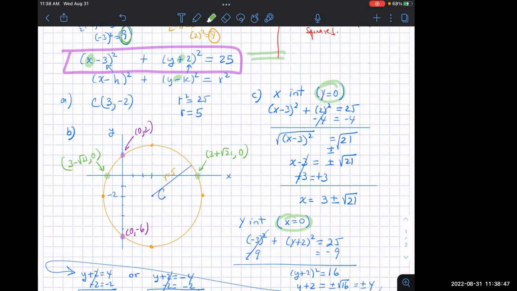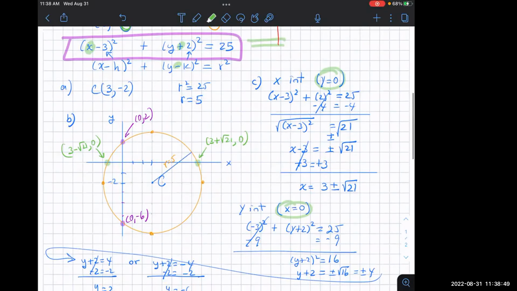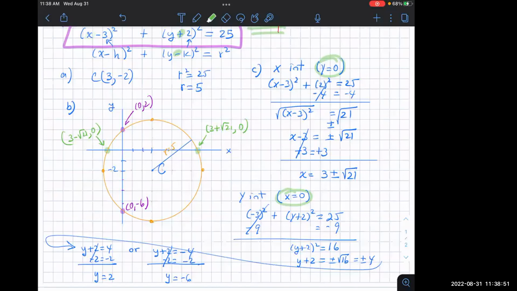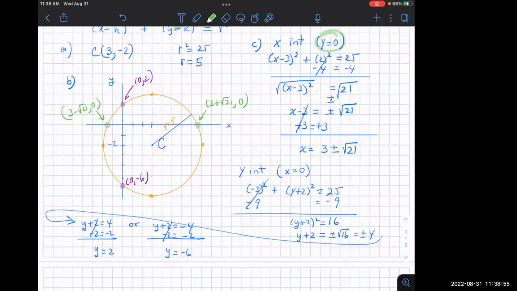Can you scroll down a little bit real quick? A little bit more, please. That's it. Oh, yeah, this is it. So you see where it says y plus 2 equals plus or minus 4? Don't we subtract the 2 from the left side and subtract it on the right side right there?